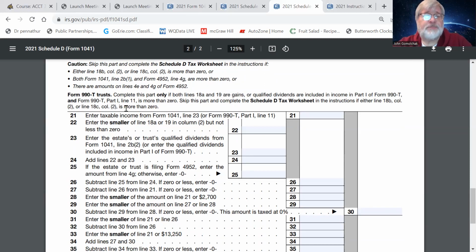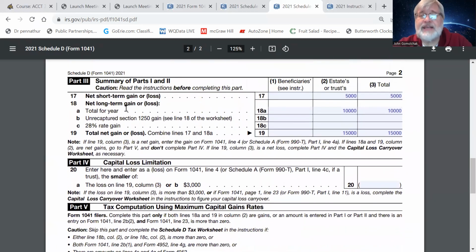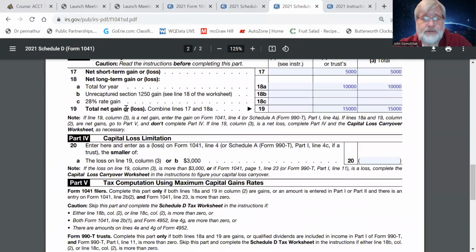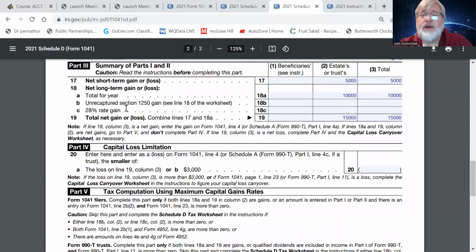Line 22, enter the smaller of line 18A or 19 in column 2, but not less than 0. So this is going to be the smaller. Because line 19 includes the short-term gain, you don't get a break for short-term gains.